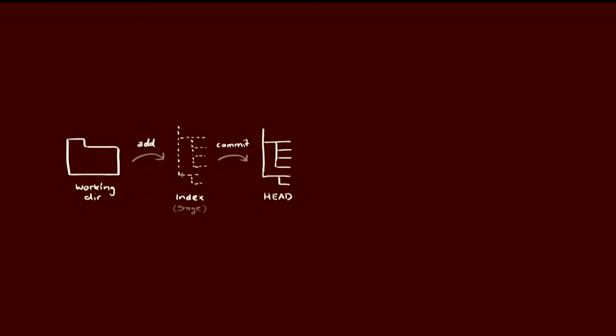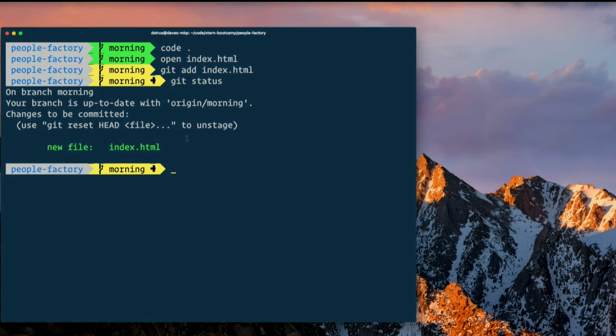To take it from the index to the actual history, we need to commit. Git commit, and we type -m to log a message with that commit. And we'll say, create a page with a text box.